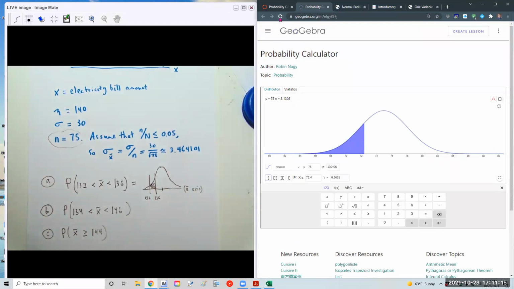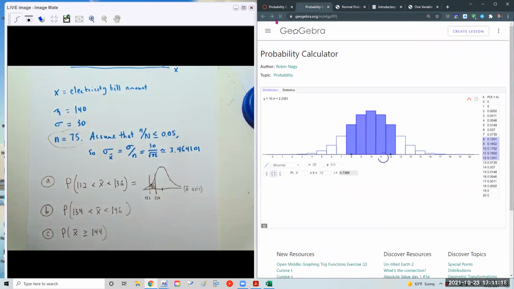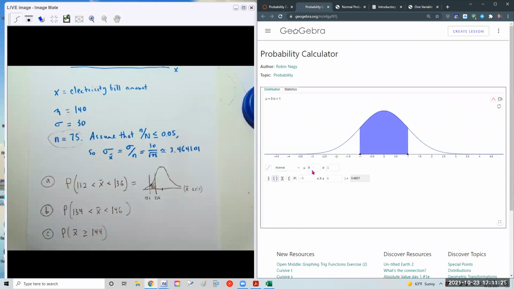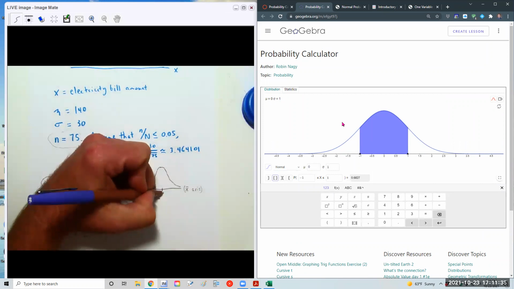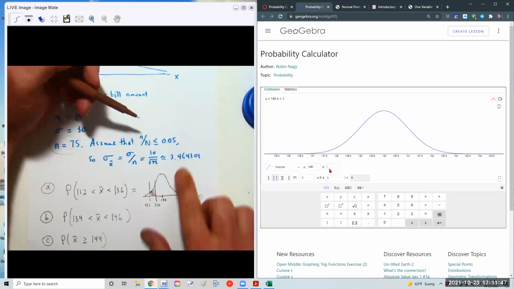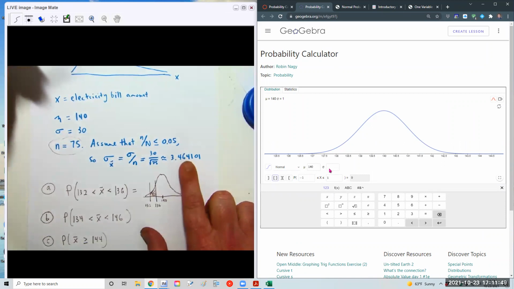Well, I guess I'll try this one again. It seems to be working okay right now. And it's good to use this one for the ones that are between. So let me go over to a normal distribution, just change this. I want the sampling distribution graph. So I've got to tell it that mu sub x bar is, well, 140. That's no problem. But the standard deviation here, since this is supposed to be the graph of the sampling distribution, the standard deviation needs to be this number sigma sub x bar.